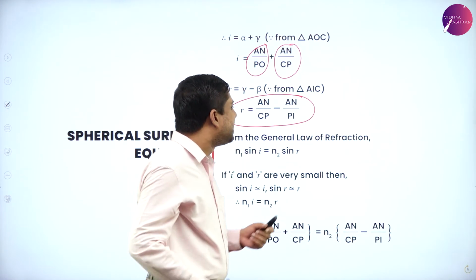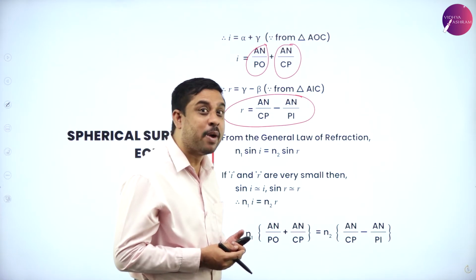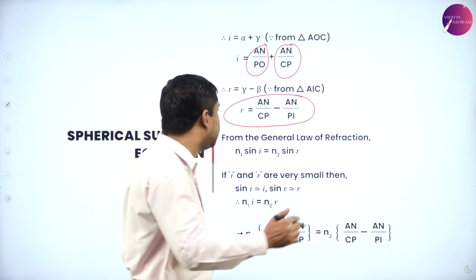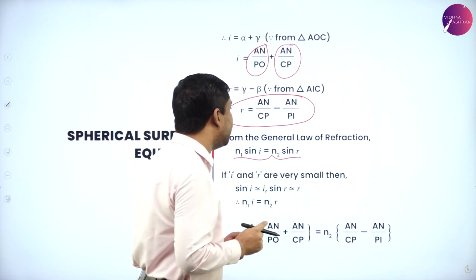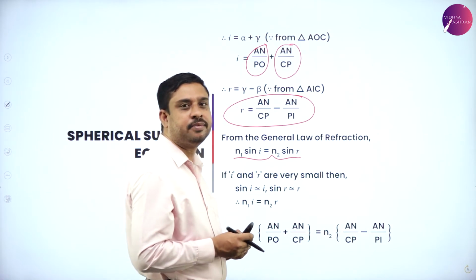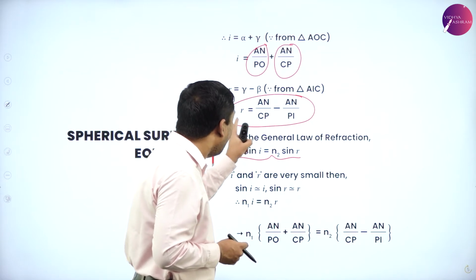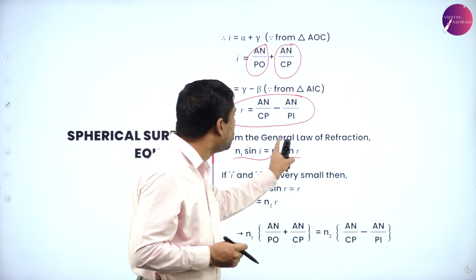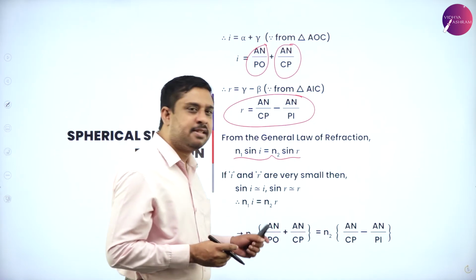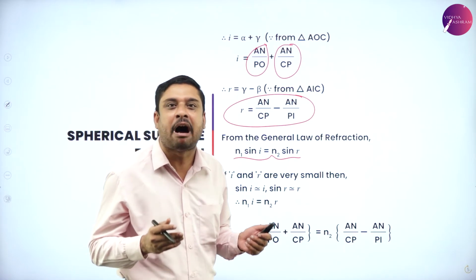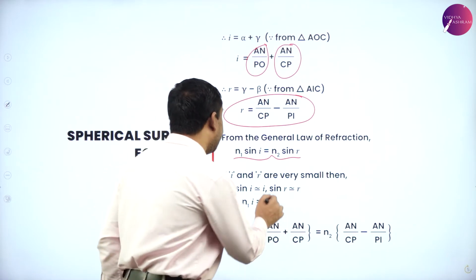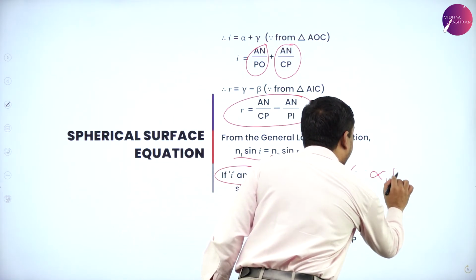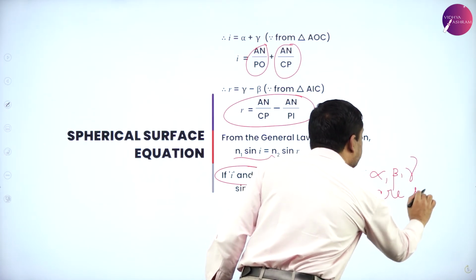Now, from the general law of refraction, which we studied when we learned refraction and the relationship between refractive index and critical angle, I have used this: N1 sin I equals N2 sin R. Always remember, the general law of refraction says N1 sin I equals N2 sin R. Again, the moment you say alpha, beta and gamma are very, very small, it means I and R are also small.